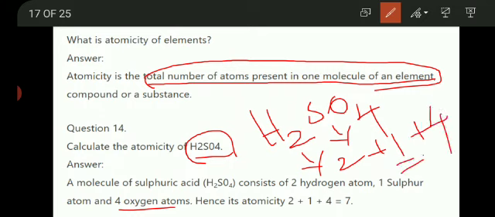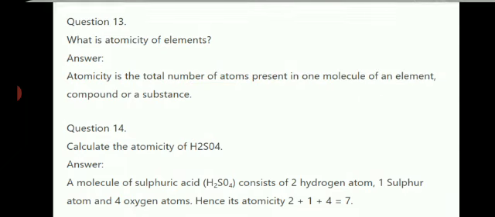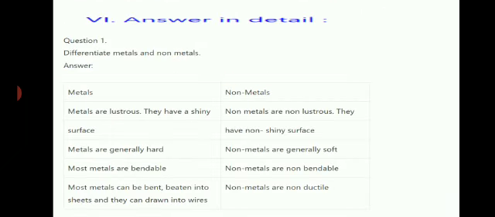So total 7. This is called atomicity. The total number of atoms present in one molecule. H2SO4 is the molecule. How many atoms are present in one molecule of an element, that is called atomicity. Okay. Next, answer in detail.